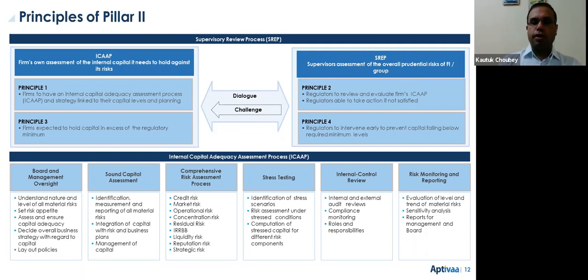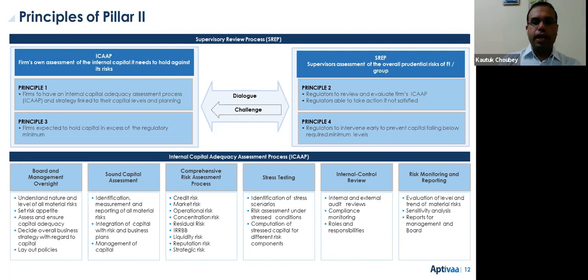On that note, the regulators also ensure that there is a timely intervention if at any point of time they notice that there is a shortfall in the capital or the minimum required capital levels of the banks. So these are four standing principles on which the Basel Pillar 2 Accord stands.